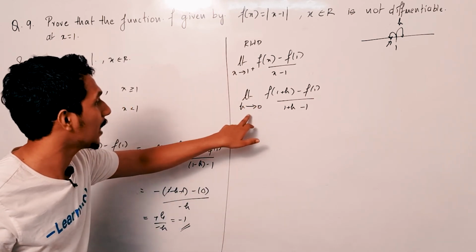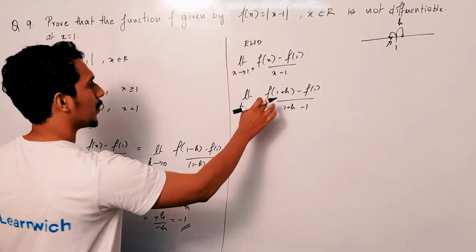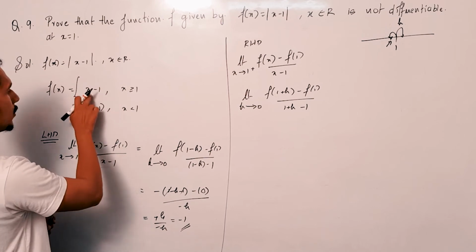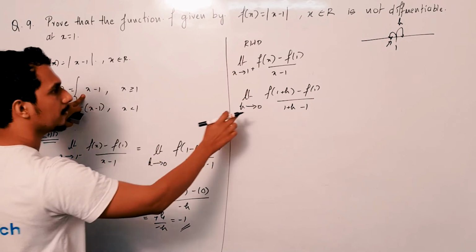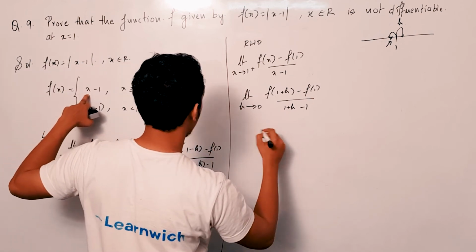What does that mean? h is such a small value, but x is greater than 1. So whenever x is greater than 1, this is your function, that is x minus 1.